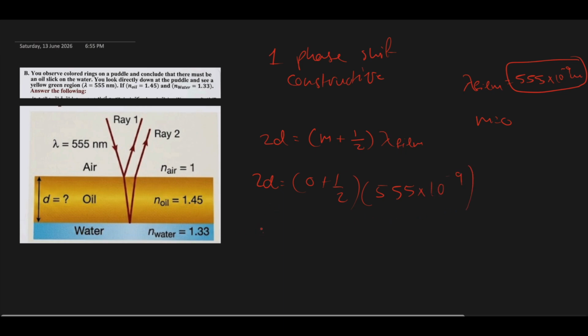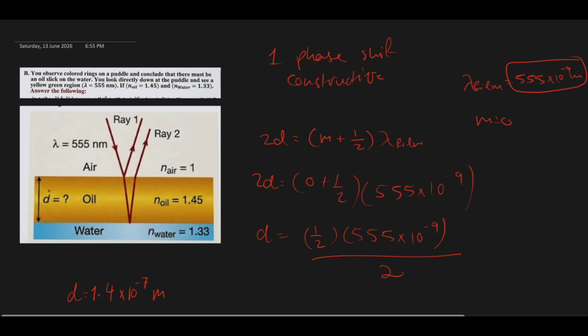And let's solve for d. So d is equal to 1/2 times 555 times 10 to the power of negative 9, all divided by 2. So d is equal to, according to the calculator, 1.38, so let's approximate it to 1.4 times 10 to the power of negative 7 meters.